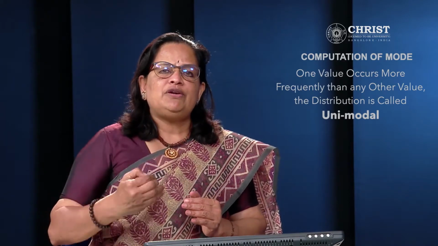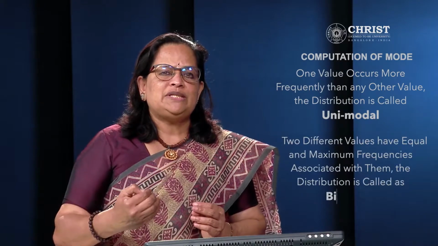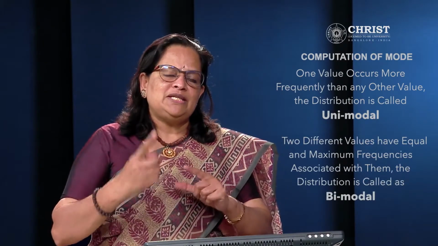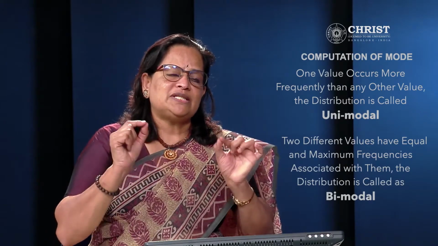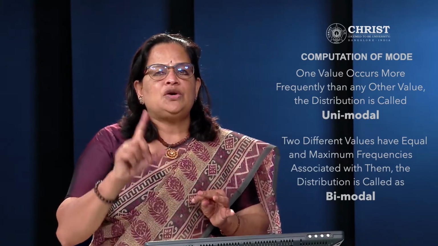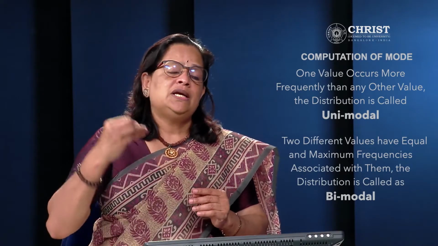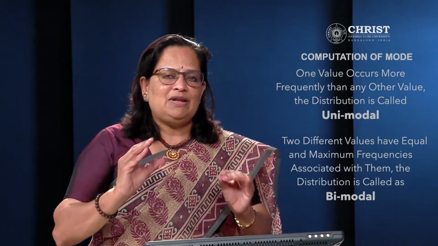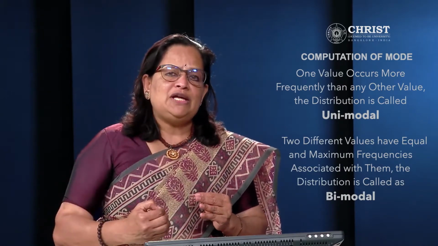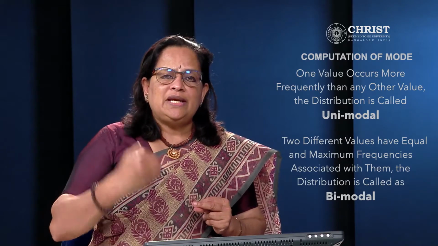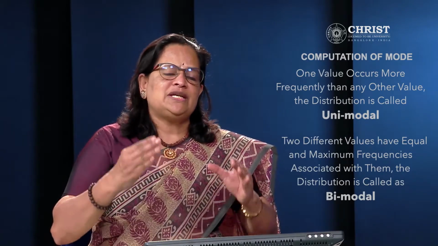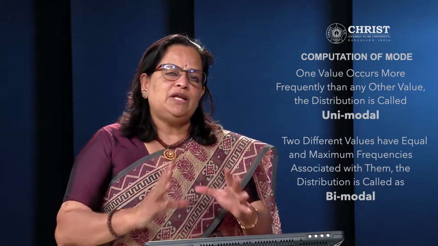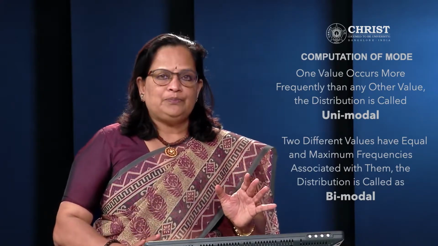Whereas, if two different values have equal and maximum frequencies, the distribution is called bimodal. Imagine in our example, if 6 and 7 both have frequency 40, then it is called a bimodal class. For bimodal classes in continuous series, we have to use a different equation, which I will explain. Here the point is, if all the values of the series have the same frequency, in that case mode cannot be determined. For example, if all the values have frequency 40, we cannot compute the mode.